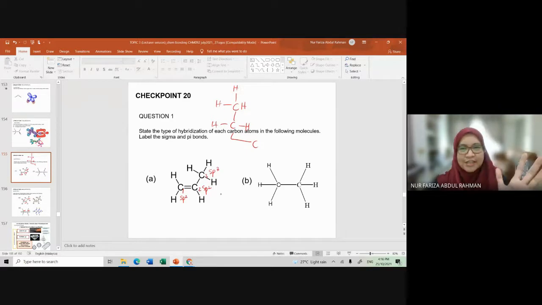Students ended up, of course, missing out the bonds here, one bond there, because the question did not show them. Must the question show them? Not necessarily. You have to know that carbon must have 4 bonds in order to achieve octet. So this one only has 3. So please be careful. You have to apply the concept of octet.